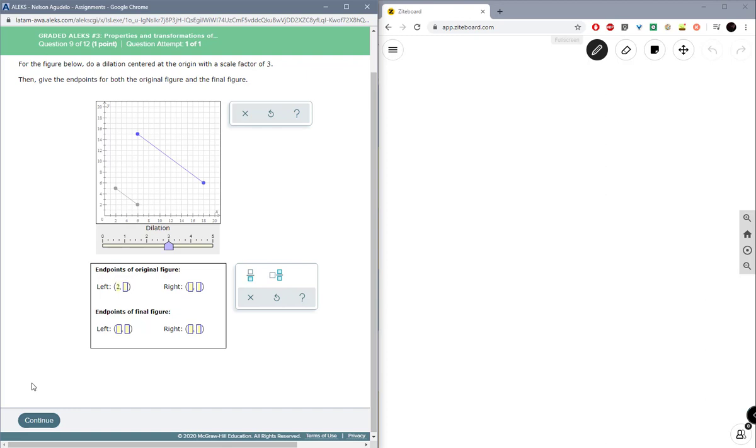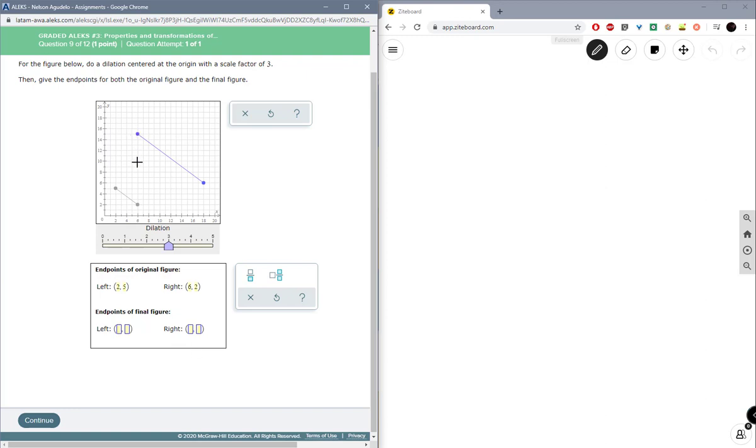So 2 horizontal, 5 vertical. Now the other point, the right, for the horizontal is 6, and for the vertical is 2. So 6 and 2.